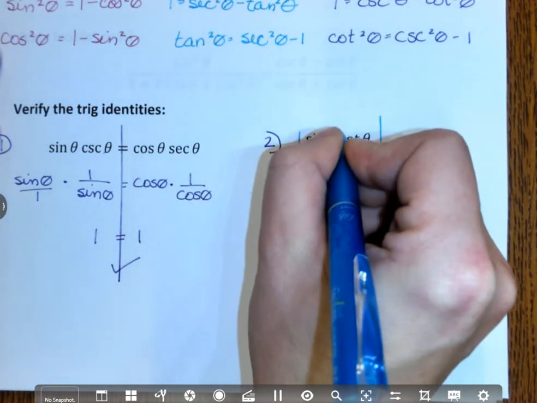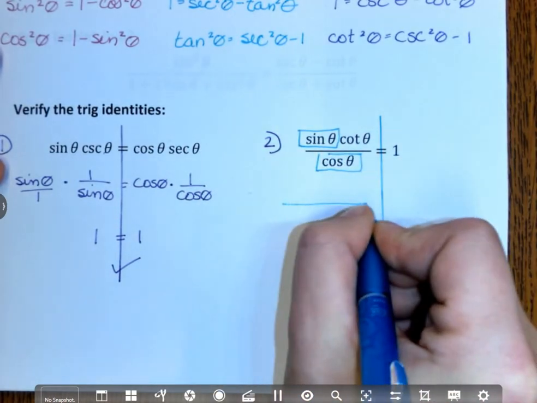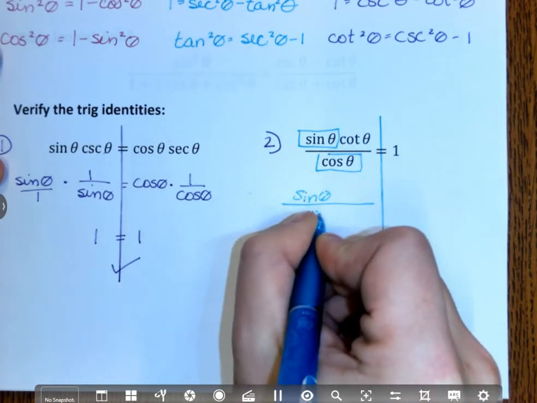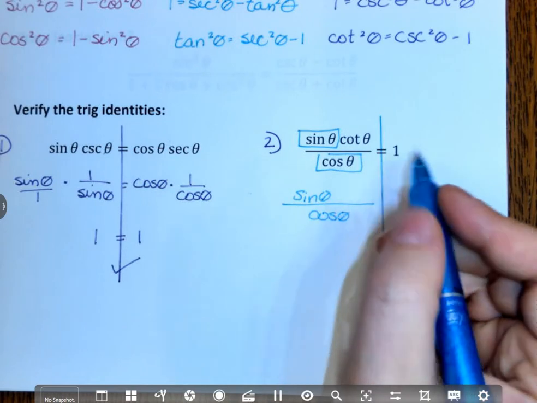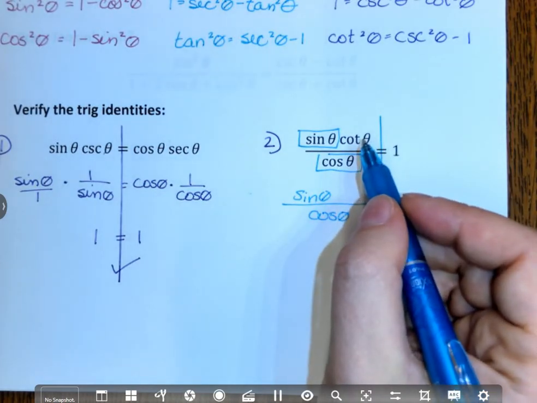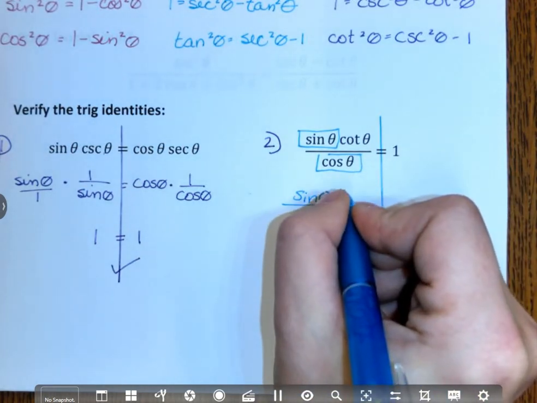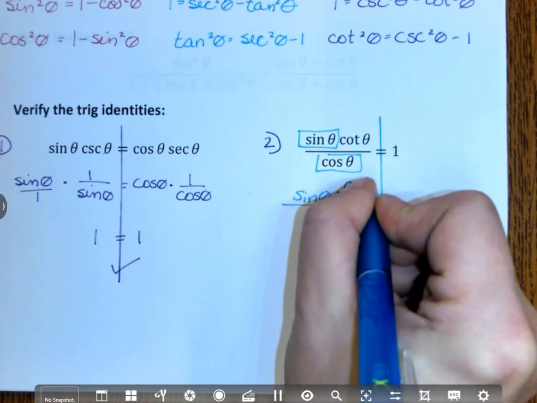So that means I'm not changing this, I'm not changing that. So I still have sine theta, cosine theta. What is cotangent? So it's one more time, cosine over sine.